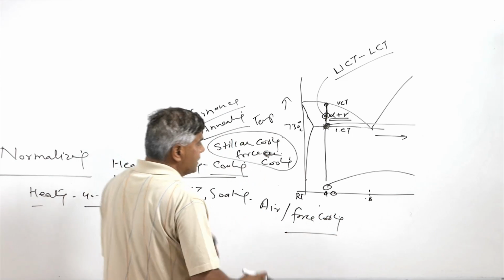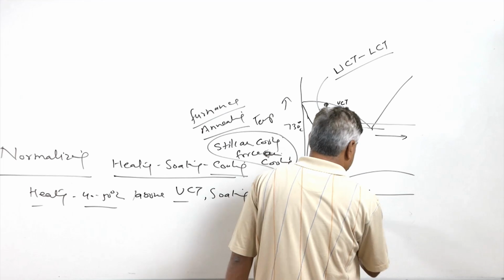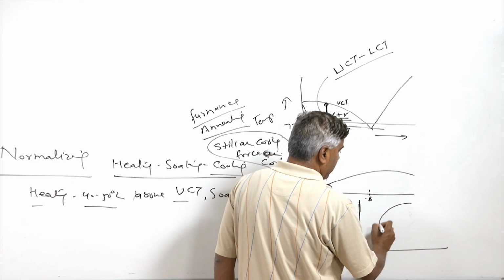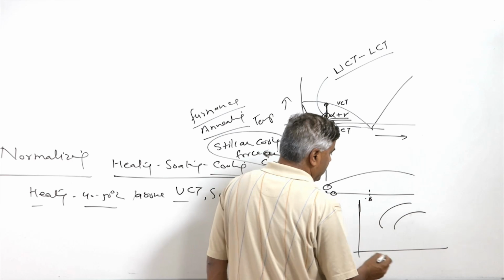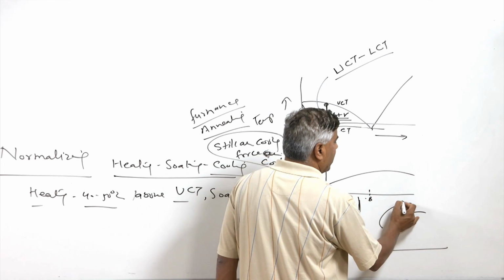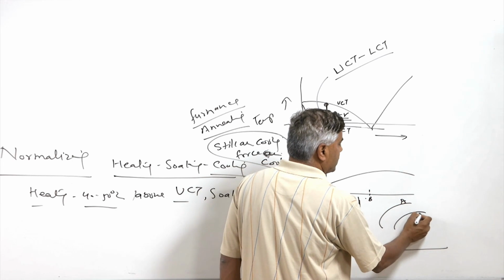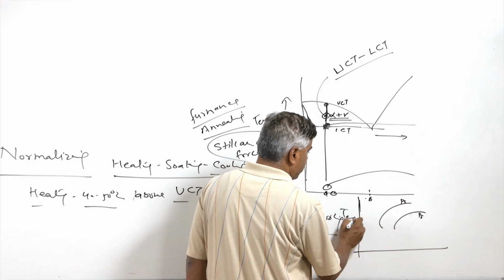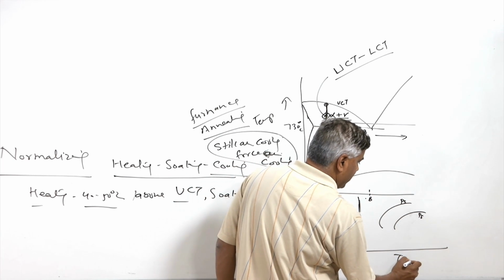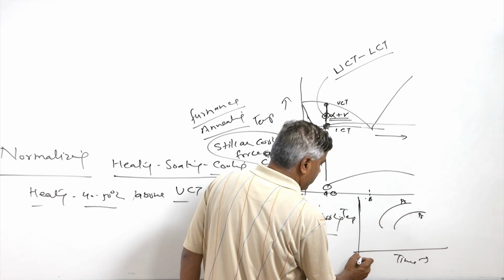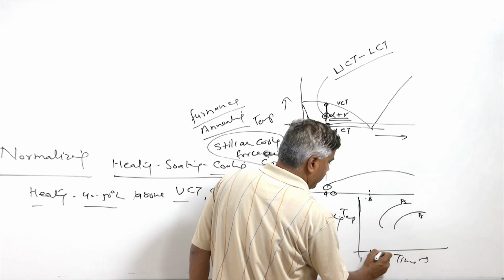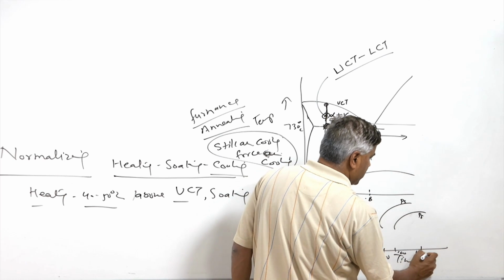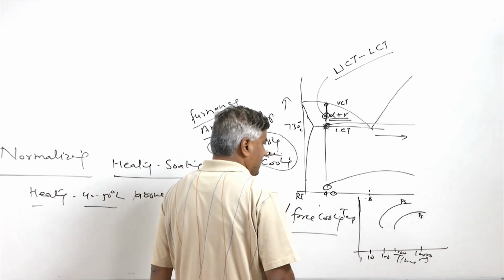And if we see the same thing in light of the TTT diagram or CCT diagram, then for the different steels, this is the pearlite start transformation line and this is the pearlite finish transformation line, and here we have temperature, here we have time in seconds, starting from 1, 10, 100, 1000, 10,000 seconds.